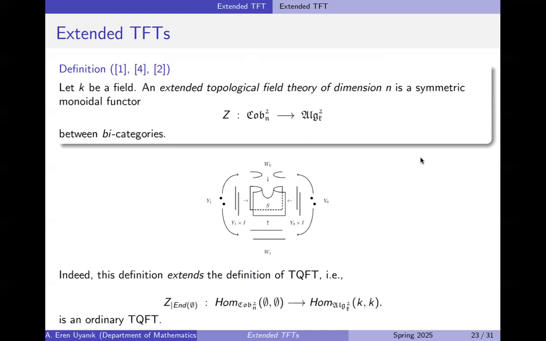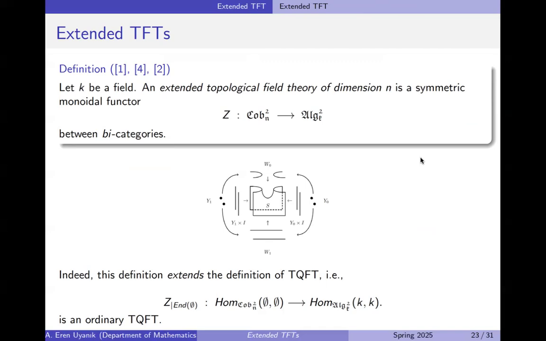And indeed, the name extension is deserved. This definition extends our definition of an ordinary TQFT. If you just restrict yourself to the endomorphism category of the empty cobordism, what you get is just, as you said, the closed ones. You just don't take the manifolds with boundary.